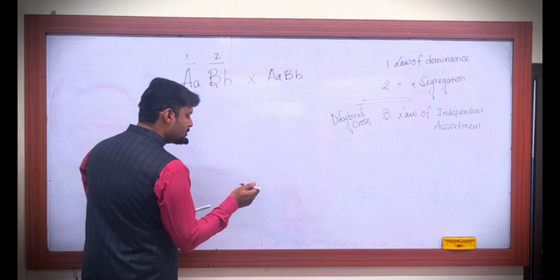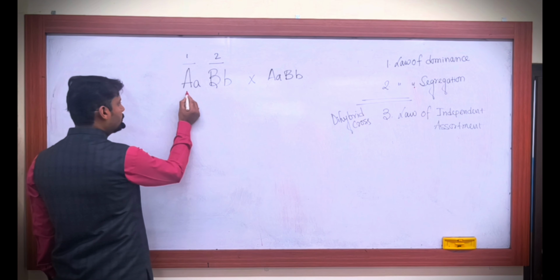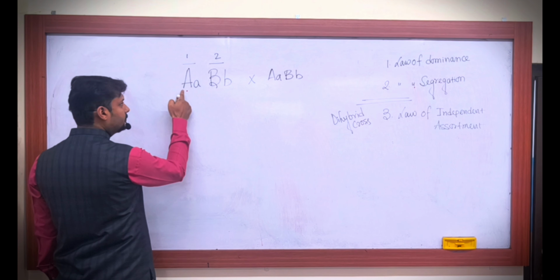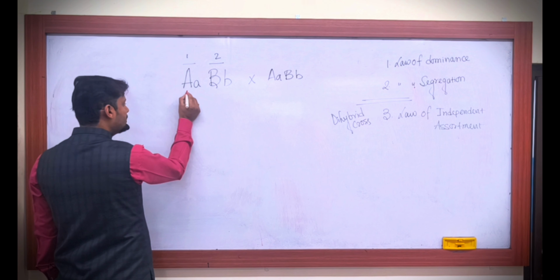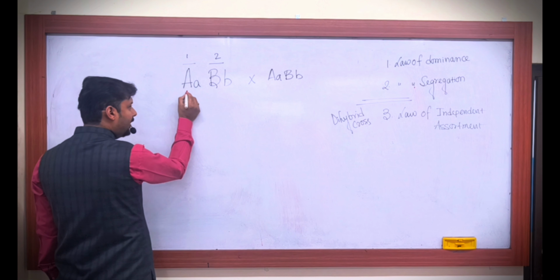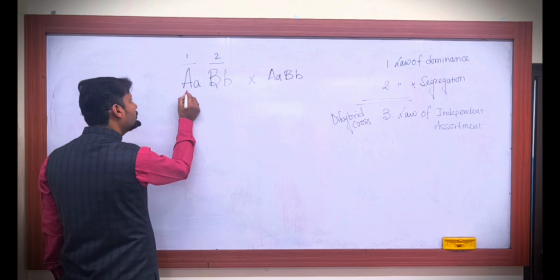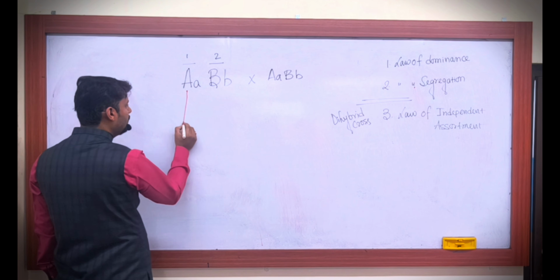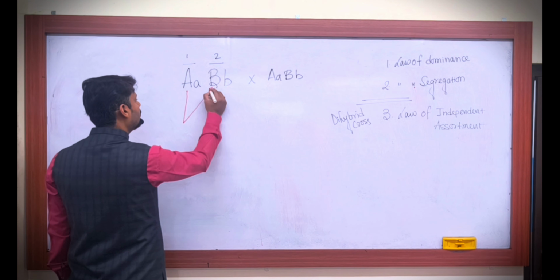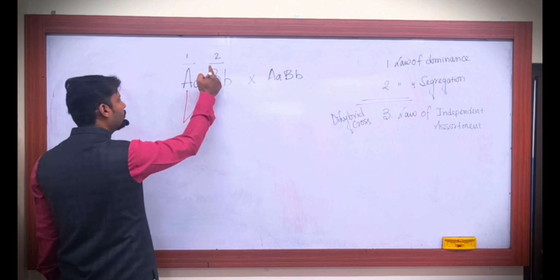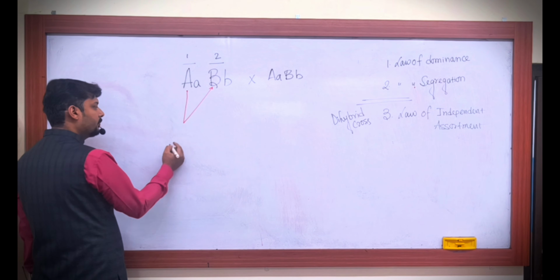Listen to my explanation very carefully. This is one allele of gene number 1. This capital A allele of the first gene will be independently assorted with the capital B allele of the second gene.